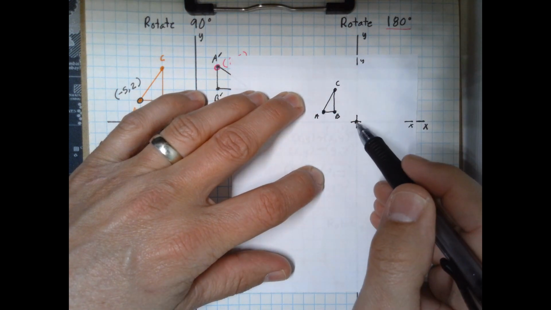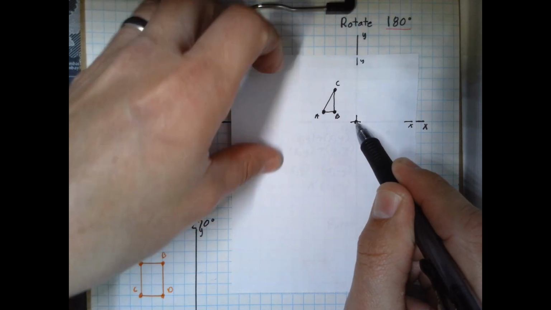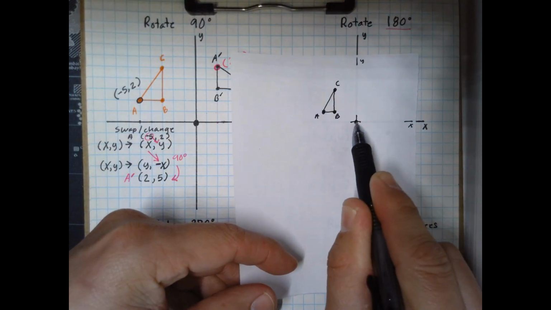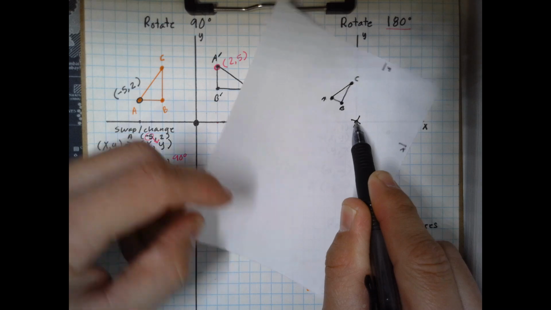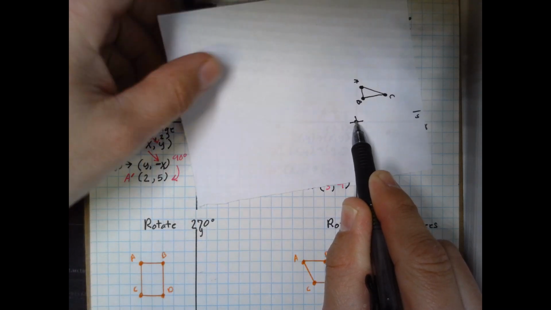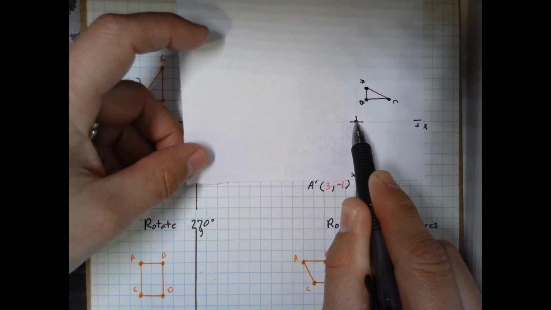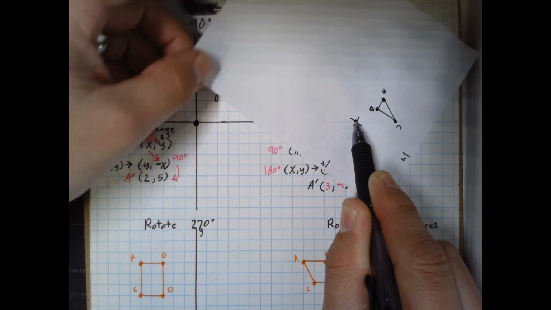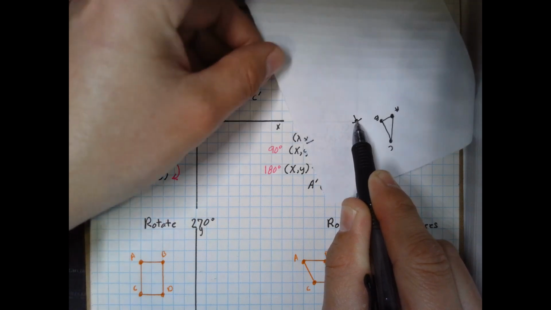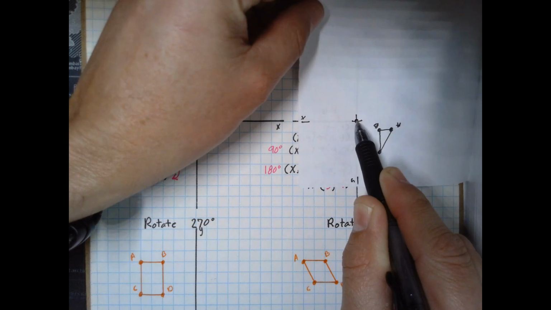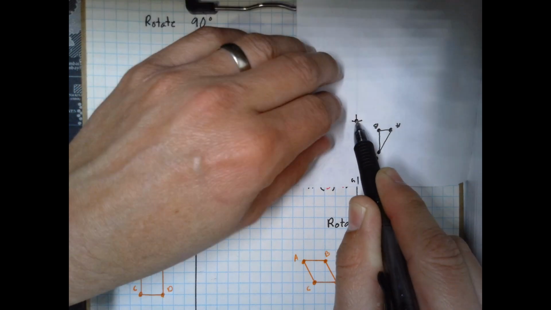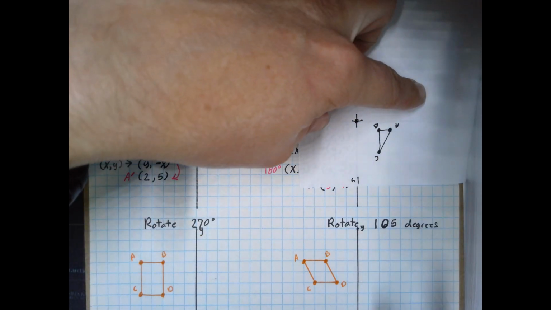Now we're going to rotate this one 180, which means we're going to do 2 quarter turns, right? Or half a turn. So I'm going to turn it until the Y lines up with that X axis. So it lined up, that's 90 degrees. I'm going to turn it one more time, until it lines up with the Y-axis but facing upside down, and that is 180 degrees.